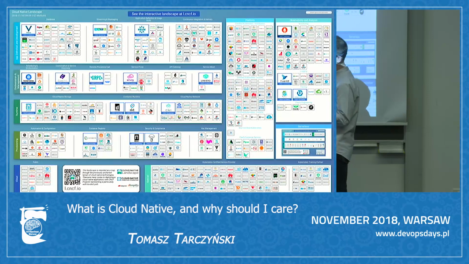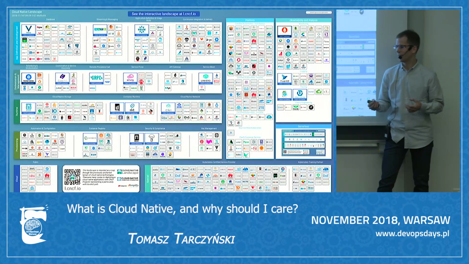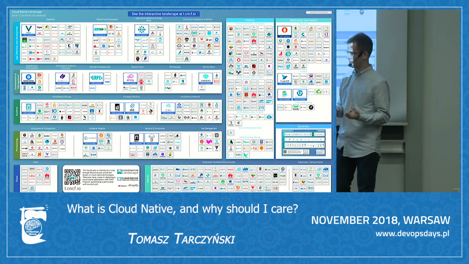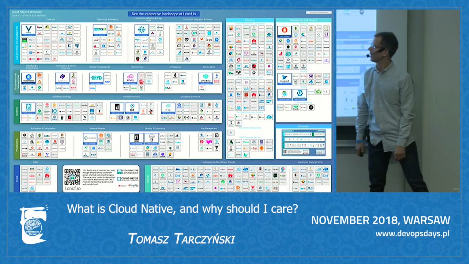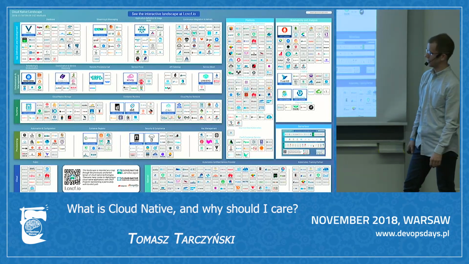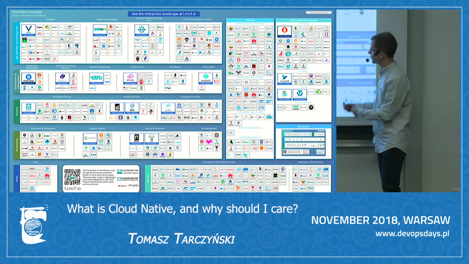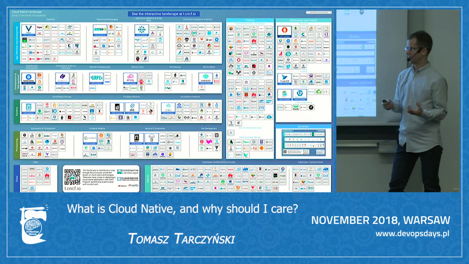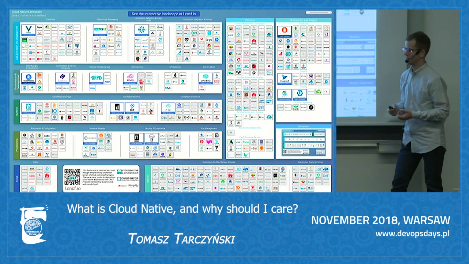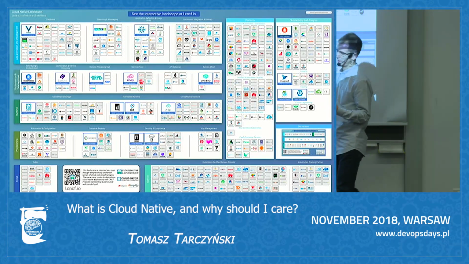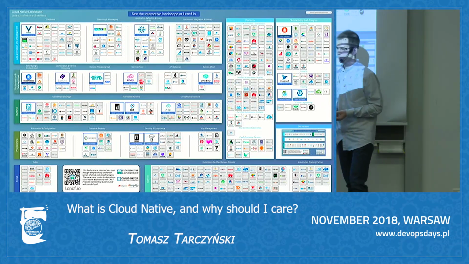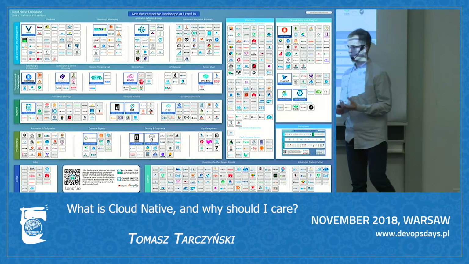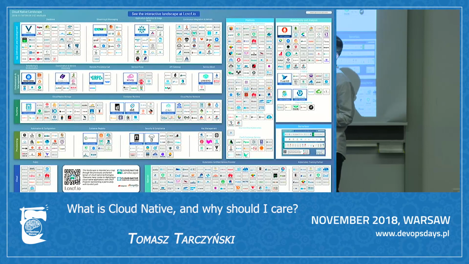To learn about the possible solutions to this, I went to a cloud native conference, and there I saw this cloud native landscape with tons of useful technologies. I learned about some great tools that can help us to manage our microservices dynamically. But what I didn't learn there was what this cloud native is really about.